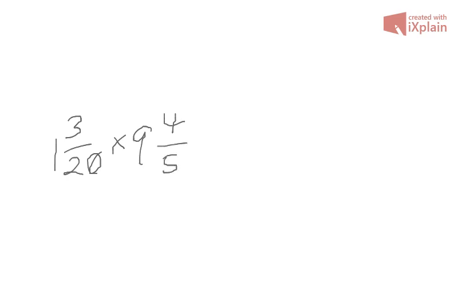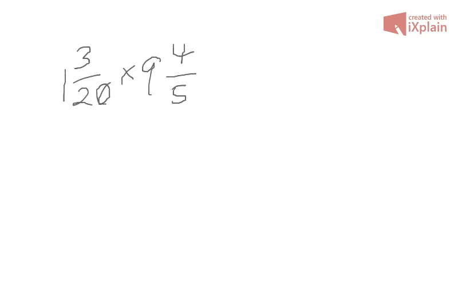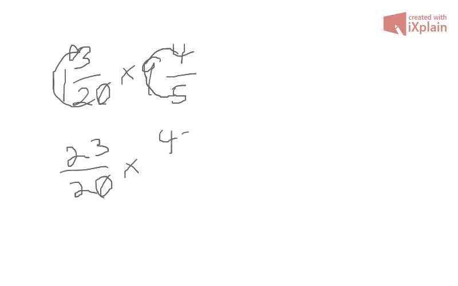Got to convert both of these to improper fractions. So we've got 20 times 1 plus 3, which gives us 23 over 20. Now we've got 5 times 9 plus 4, which gives us 49 over 5.